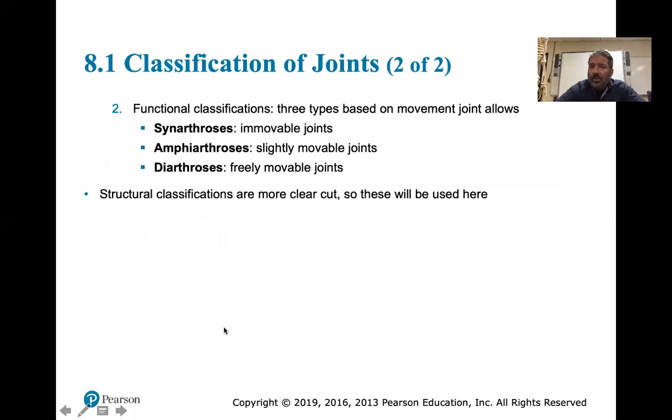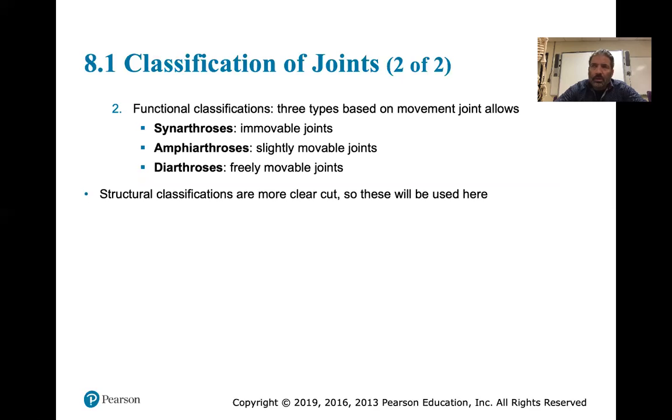So the function: we talked about structure and function. There are three types based on the movement the joint allows. Some are immovable, more or less, slightly or freely moving. So synarthrosis, syn usually means without, so immovable joints. That would be your sutures.